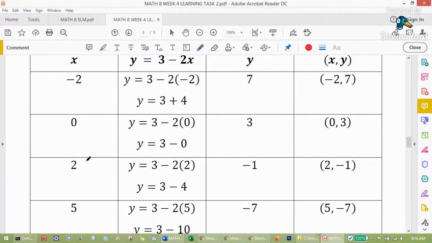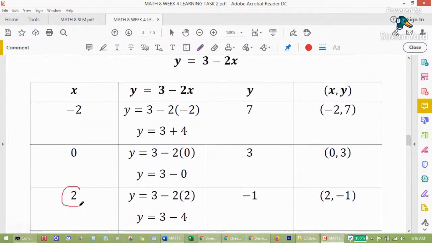Next, the third point, kapag ang x is 2, and then sinubstitute natin yung 2 dito sa equation, ang lumalabas na y is negative 1. Therefore, yung third coordinate natin is x is positive 2 and y is negative 1. Okay?